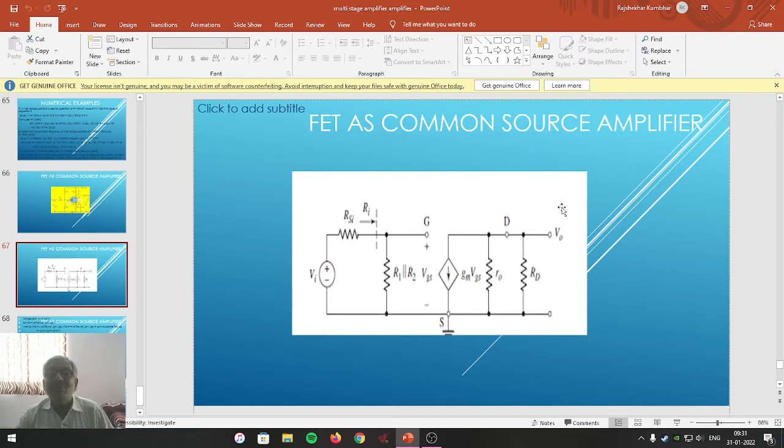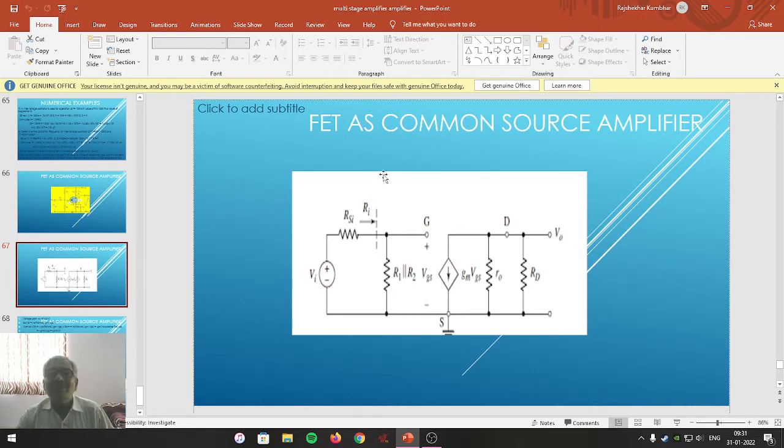Analysis of the FET as a common source amplifier means we have to calculate its parameters, especially voltage gain, current gain, input resistance, output resistance, and also power gain.